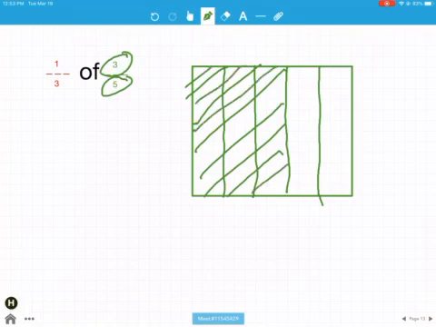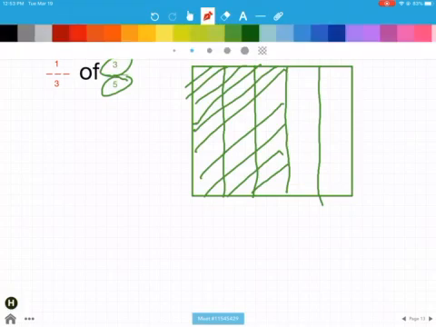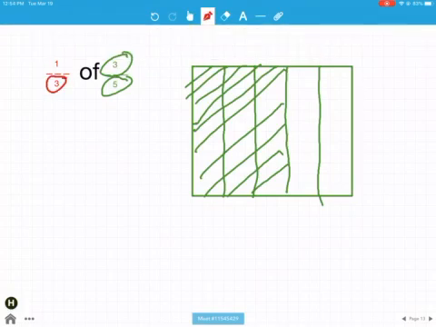We don't have to shade them all the way in. We kind of want to see the cross-hatching. And then we see that the 3 tells us we're going to cut them into thirds. Okay, so we're going to cut them into thirds this way.